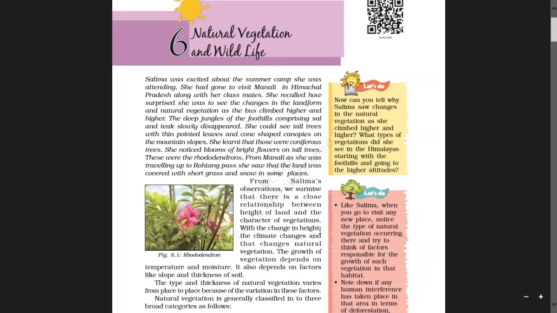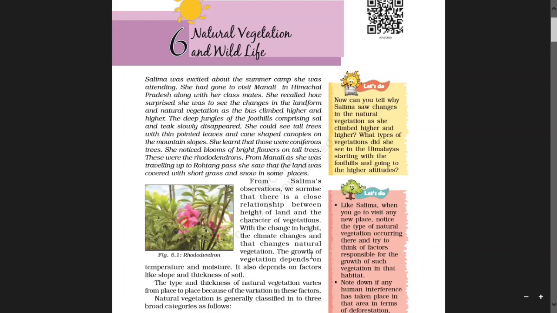She observed different vegetation at different elevations. With the change in height, the climate changes, and as a result of climate change, natural vegetation also changes.